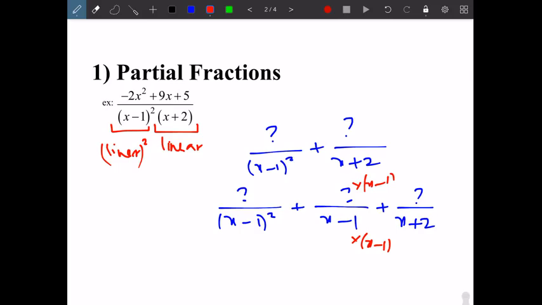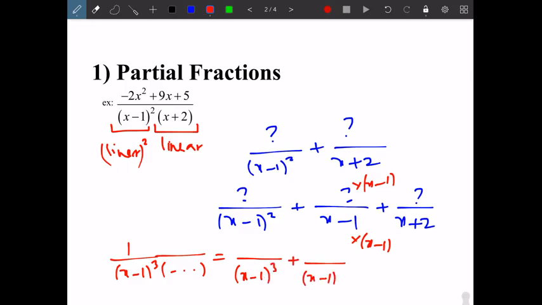For example, if you have a fraction with (x minus 1) all cubed multiplied by whatever other factor, then (x minus 1) all cubed would be represented by the partial fractions corresponding to (x minus 1) all cubed, (x minus 1) all squared, x minus 1.